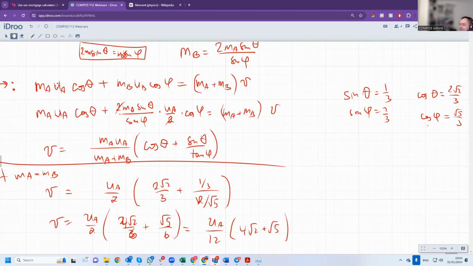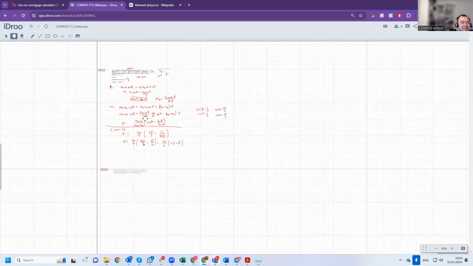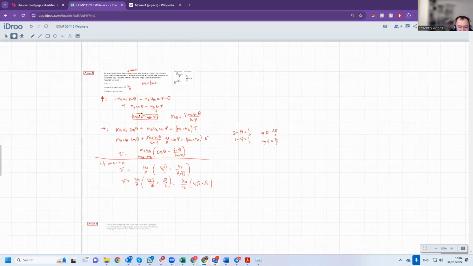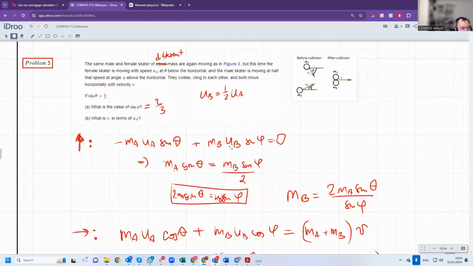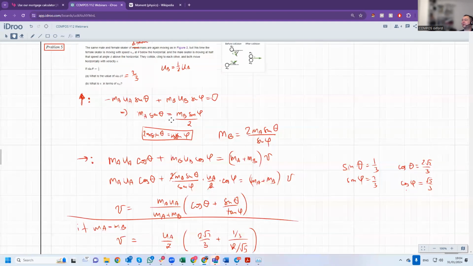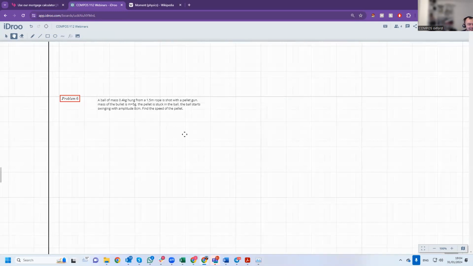So something like that. I hope that makes sense. The maths is not particularly interesting here, but what you need to understand is that conservation of momentum happens in the vertical direction and in the horizontal direction separately, and that's really important.